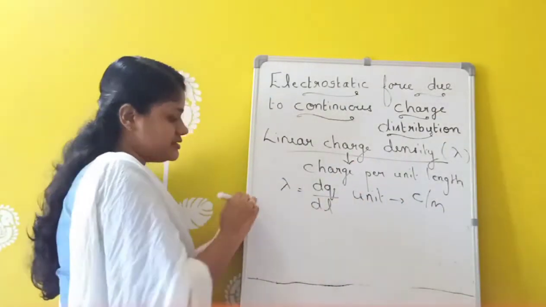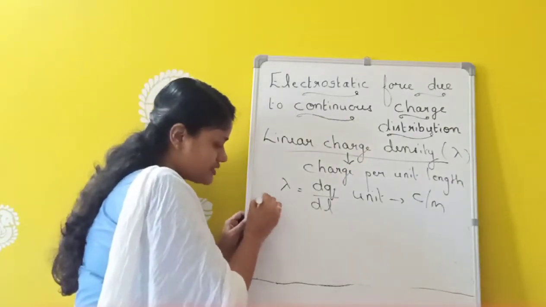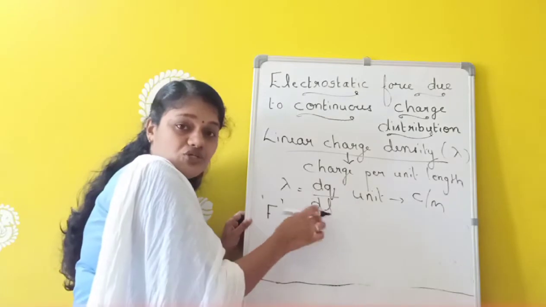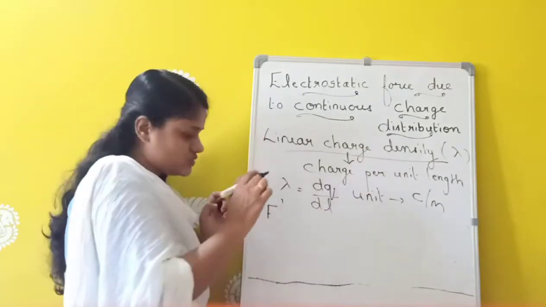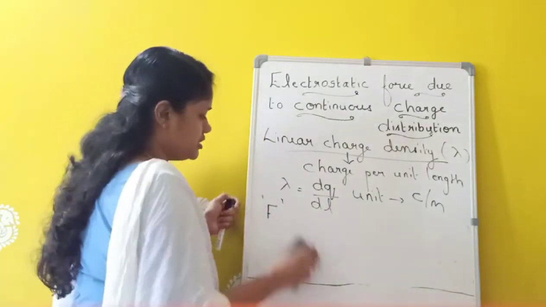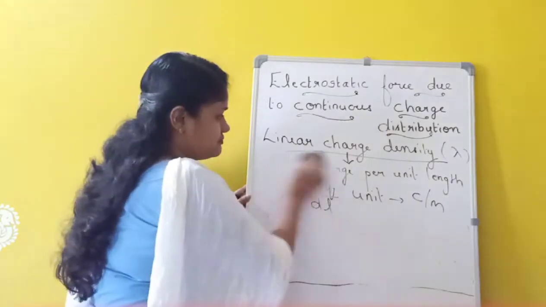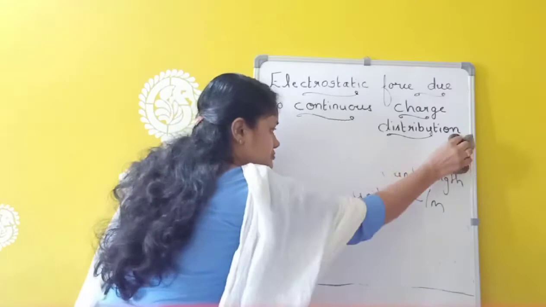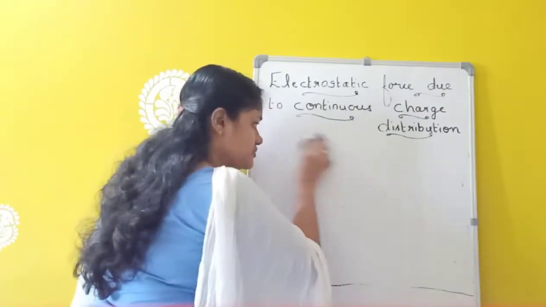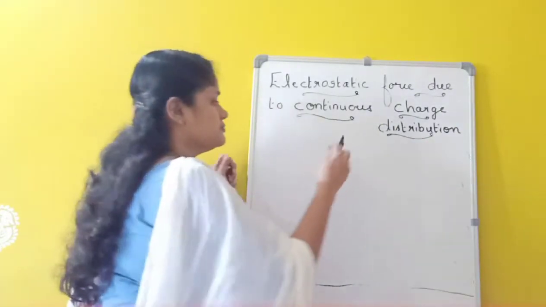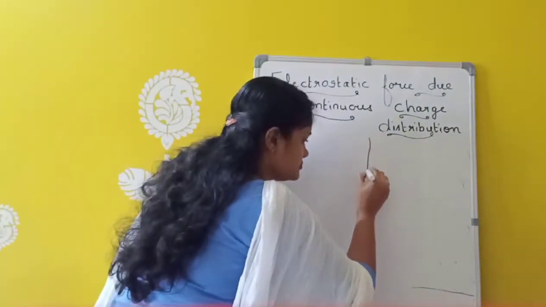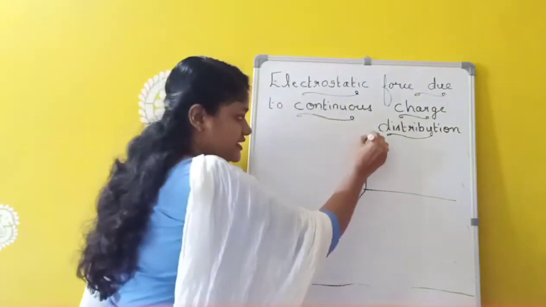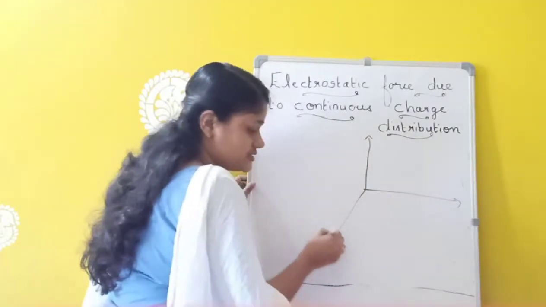Then we have to find the electrostatic force acting on a charge due to this linear charge distribution. So for that, first of all I am drawing a diagram. Consider a linear charge distribution.